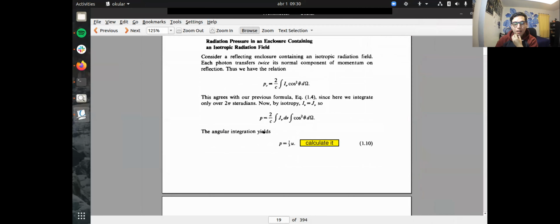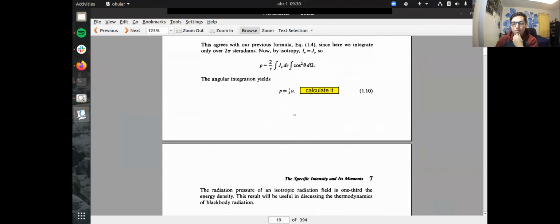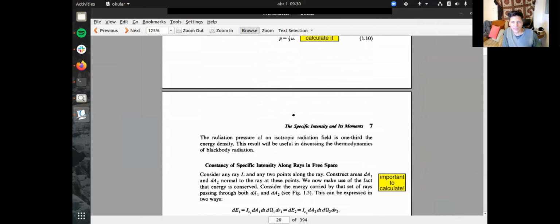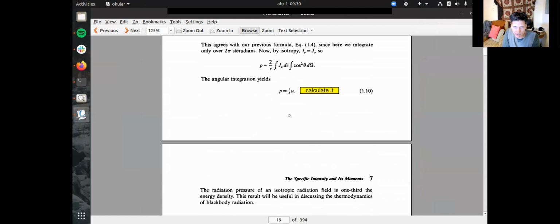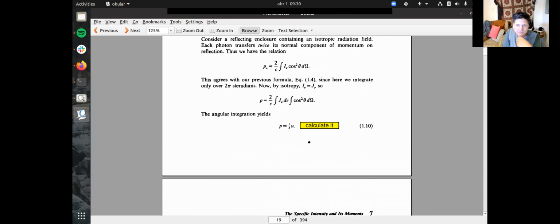So that's why the angular integration leads to this. Okay, so we have a relationship with the radiation pressure. Can you scroll back up a little bit? Okay.